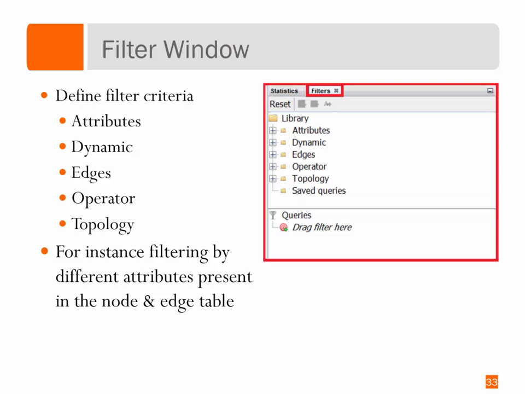We can apply a filter to an operator or the topology or the way that the visualization looks. As an example, we may want to filter by different attributes that are present in the node and edge table. A simple example: maybe I don't want my smaller or less significant relationships displayed, so I can just filter them out.